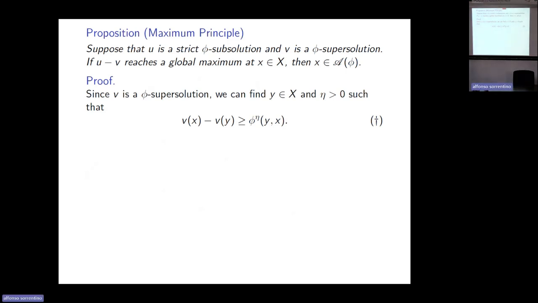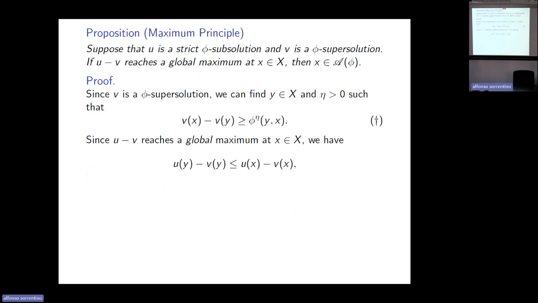Because v is a supersolution, we can find a y in X and an eta positive such that v(x) minus v(y) is larger than phi eta of y x, by definition. Now, because u minus v reaches a global maximum at x, we have u(y) minus v(y) is less than u(x) minus v(x), which we can rewrite as v(x) minus v(y) is less than u(x) minus u(y).